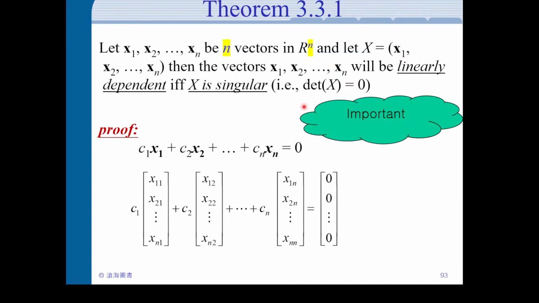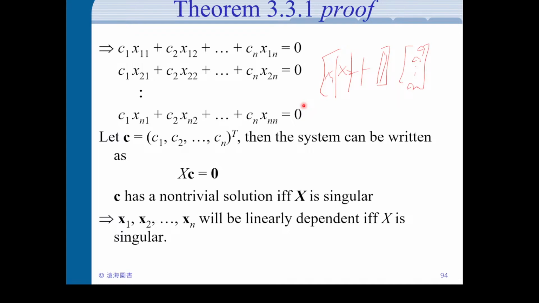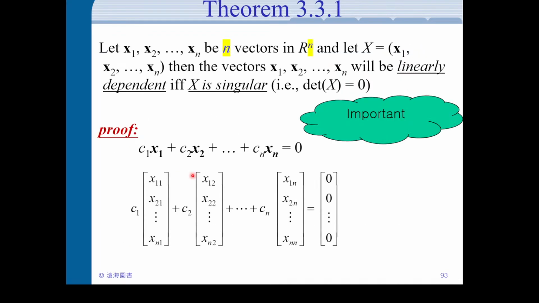I guess we didn't say it before, but our notation is a bit funny. This big X is a matrix where every column of X is just the corresponding vectors here.